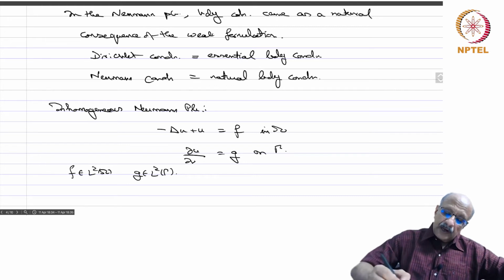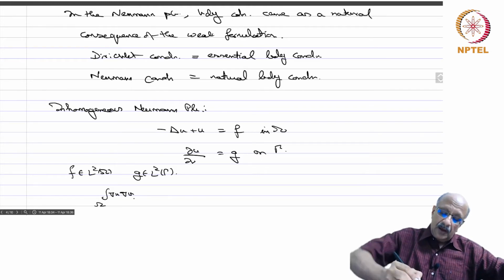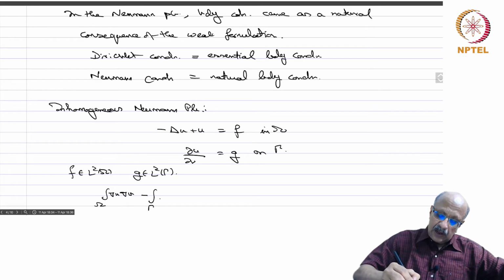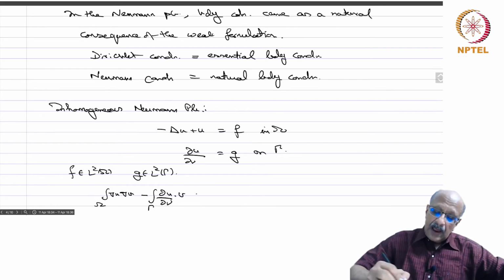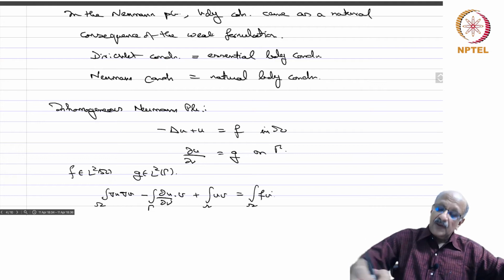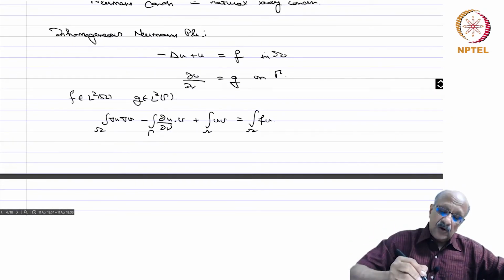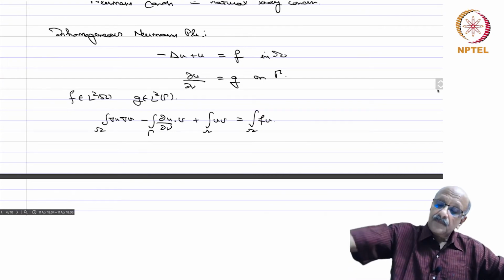Then again, if you multiply by v and integrate, you will get integral of grad u grad v on omega minus integral on gamma of du by d nu times v, plus integral on omega of uv equals integral on omega of fv. So if you now put in the condition du by d nu equals g on gamma, you will get the weak formulation.